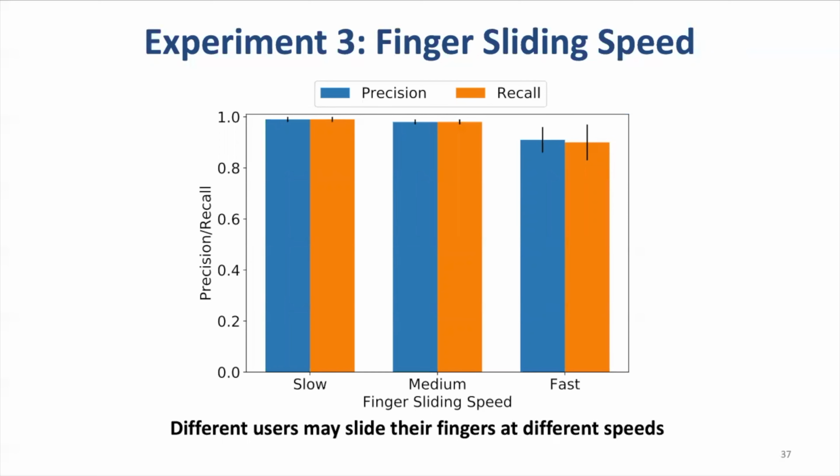As we can see, both the precision and recall are higher than 90% for all the 3 sliding speeds. But the accuracy decreases when the sliding speed is very fast. In this case, by increasing the reading rate, we believe the accuracy can be increased.